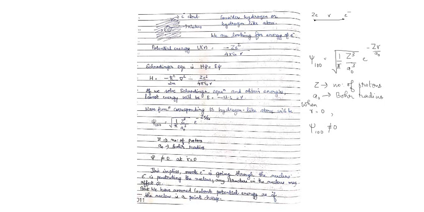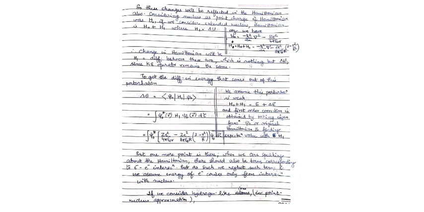Now this potential energy that we have written here is written under the assumption that the nucleus is a point charge. But real nuclei are never point charges. They are always extended charge distributions.